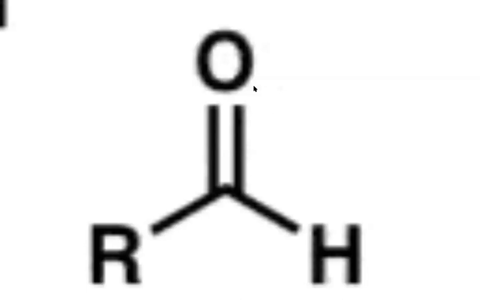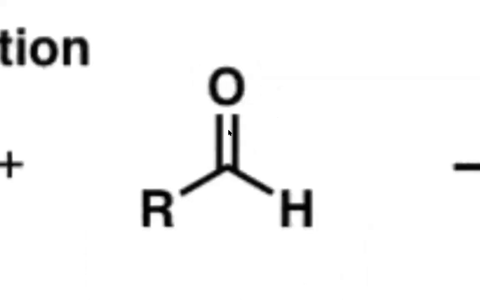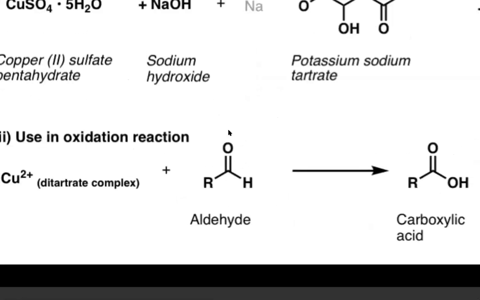It's supposed to be just like this. It's not supposed to be engagé in any liaison. So rule number 1 is you're supposed to be looking at an aldehyde. In this case, if it's a glucose sugar, it's supposed to be an aldohexose.